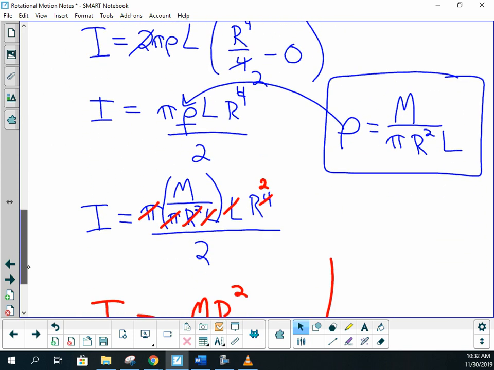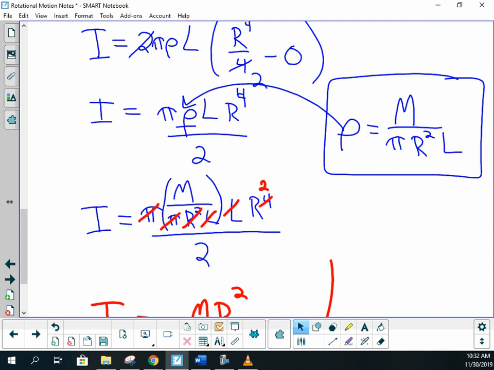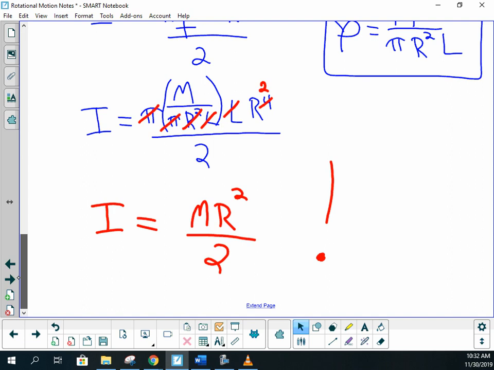Once we did that integration, we ended up with a function that had something to do with r to the 4th power, and we're like, this is not where we wanted to go. What's up with that? Then we needed to recognize that we needed to use our density for the whole cylinder and substitute back into our moment of inertia, and then simplify.